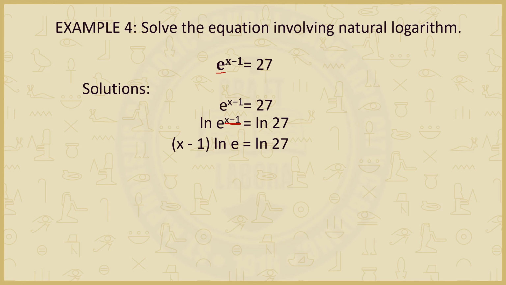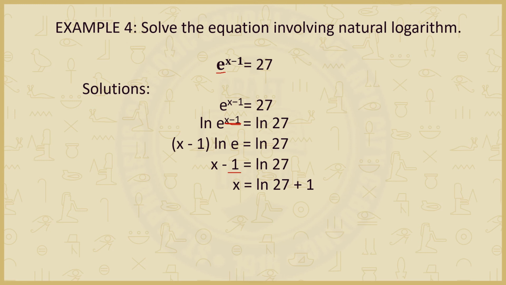Now, evaluate ln e, or the natural logarithm of e, which is equal to 1. So 1 times x minus 1 is equal to x minus 1, and then copy equals the natural logarithm of 27. After that, we are going to transpose this 1 to the other side of the equation, and it will become x is equal to the natural logarithm of 27 plus 1.